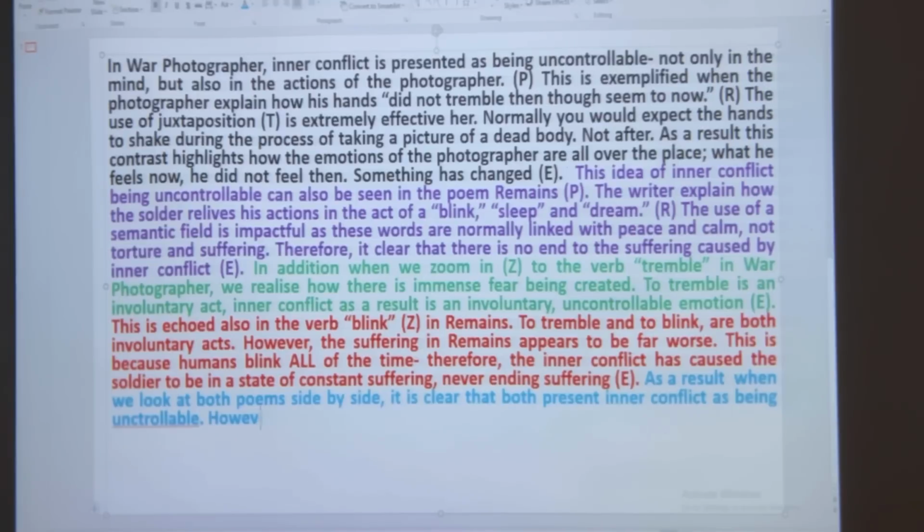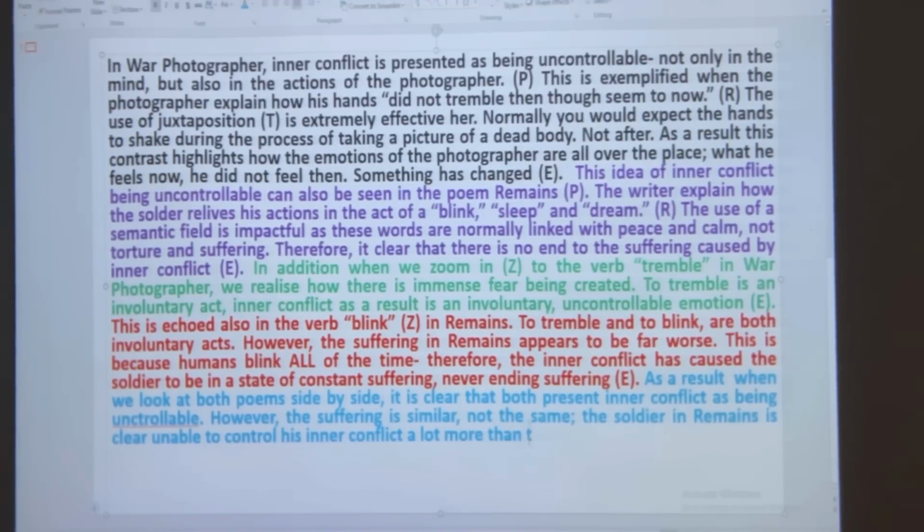However, the suffering is similar, not the same. The soldier in Remains is clearly unable to control his inner conflict a lot more than the photographer.